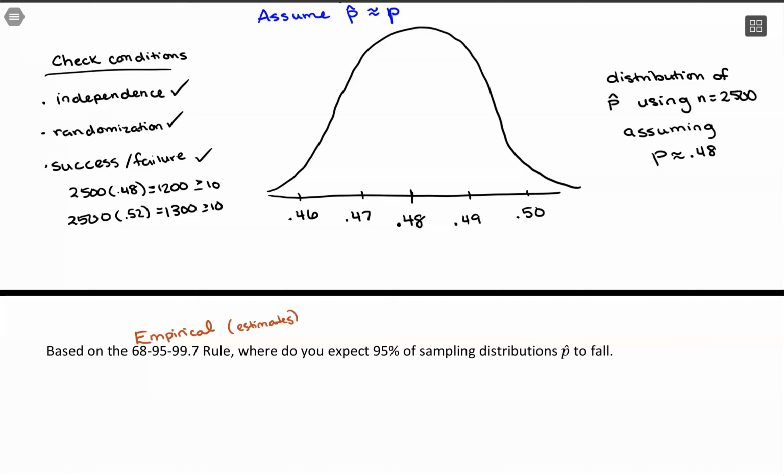So the question goes, where do you expect 95% of sampling distribution p-hats to fall? So 95%, that was our 2 standard deviation away rule. So within 2 standard deviations of the mean, we would have 95% of the data.